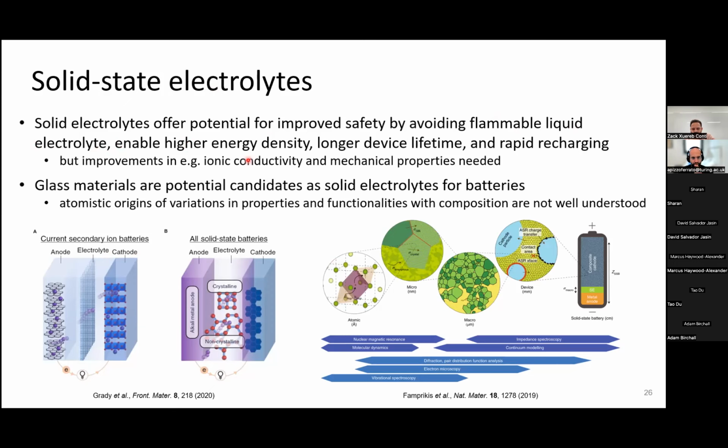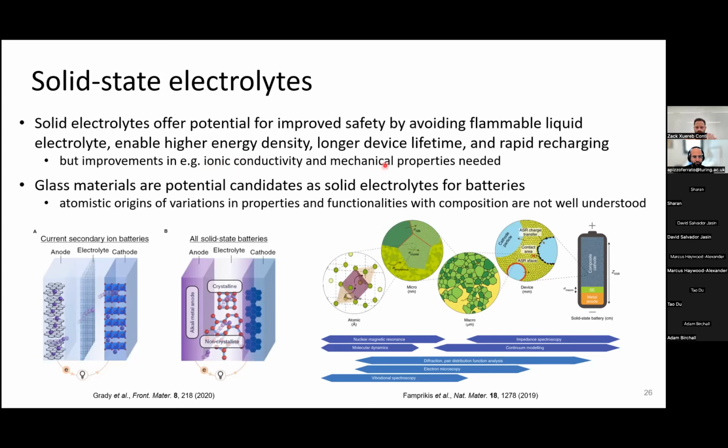Two of the issues that we've been looking at, and two of the critical ones, are understanding, of course, the ionic conductivity in these glass materials, as well as the mechanical properties. When you go from a liquid to a solid, we need to make sure we can still get sufficiently high ionic conductivity in this electrolyte.